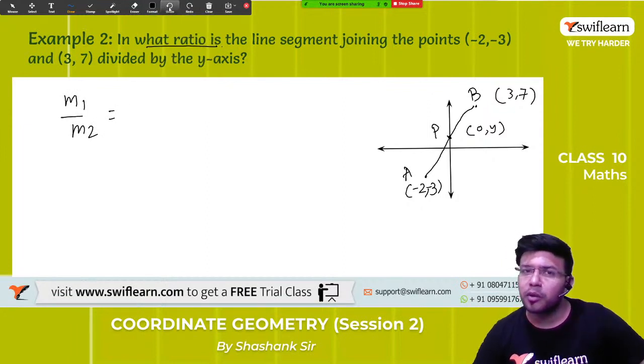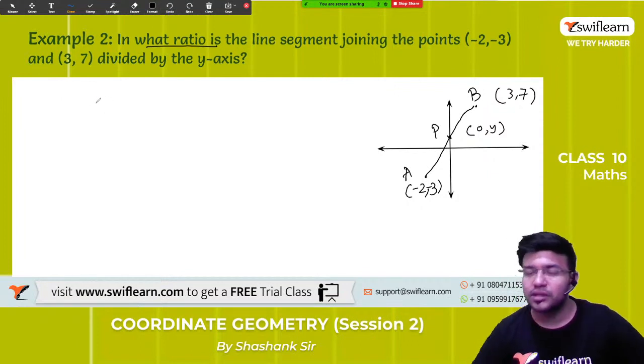Okay, so this problem can be solved in two approaches. Let us solve by the easy approach first, and I will show the second approach also. Point P is dividing in the ratio m1 by m2.